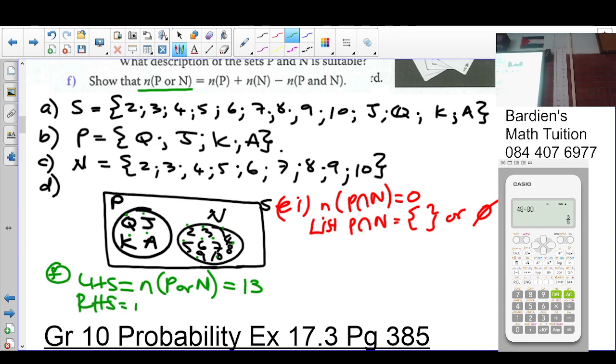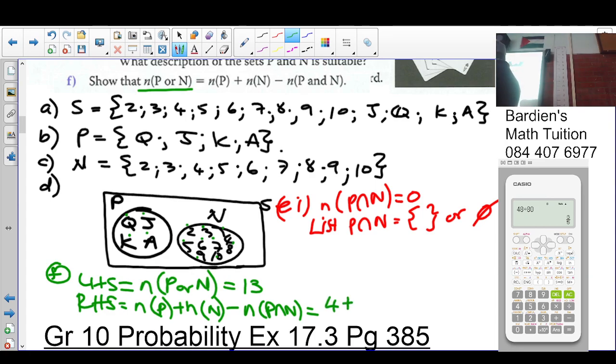The question says the number of P plus the number of N minus the number of P and N. Okay, so how many elements belong to set P? 4.